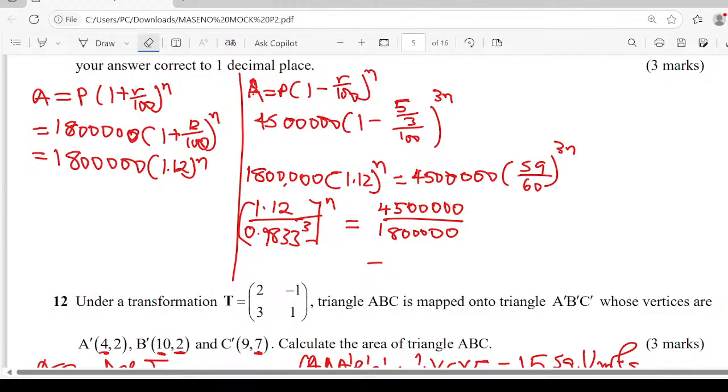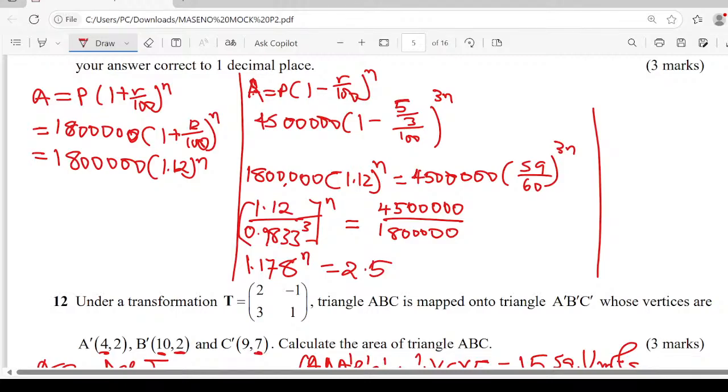So when I have 1.12 divided by 0.9833 cubed, I'm getting 1.178. So 1.178 power n equals 2.5.